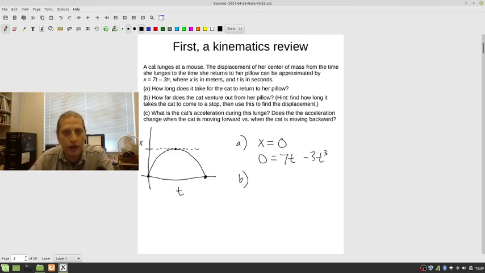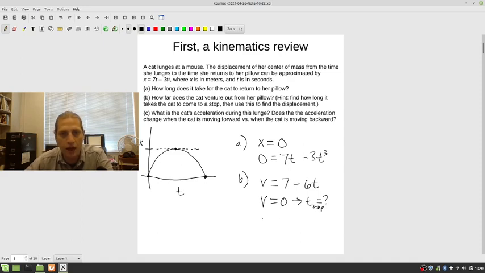So if you have a position versus time, you can find the velocity versus time by taking the first time derivative. So there's 7 minus 6t. And you can go ahead and say v equals 0 to find your t. And I'll call that t stop.